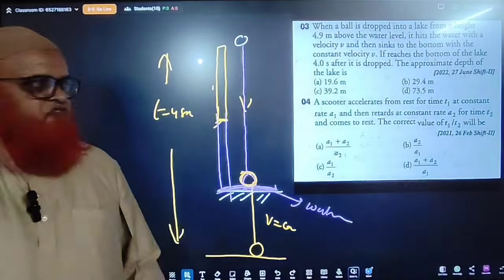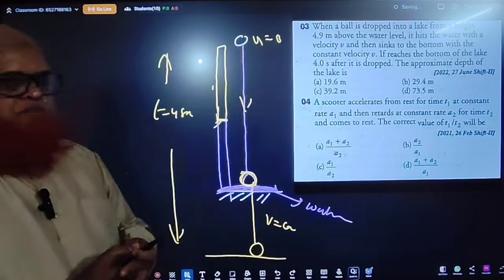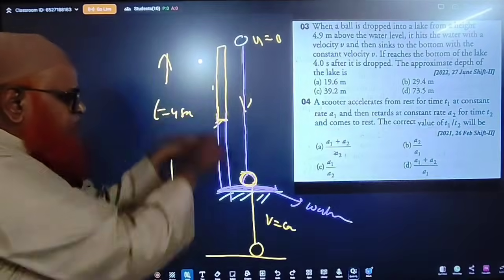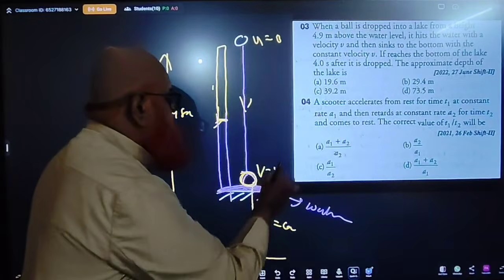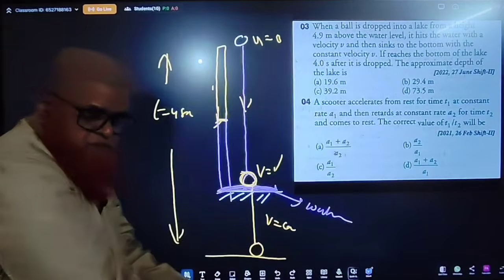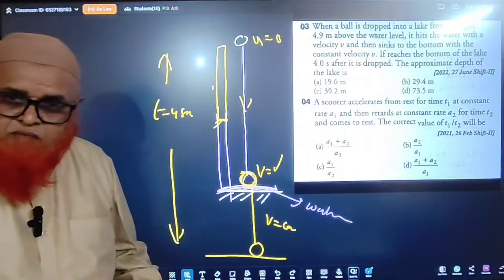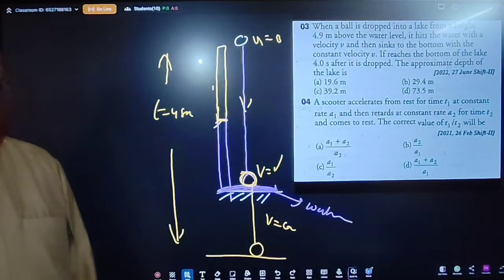You have dropped the ball from a certain height where initial velocity is going to be 0, and it falls and strikes the top of the water with final velocity v, and this final velocity will continue because it's going to be constant. With the same velocity it strikes the ground. Hope you understood the question here.